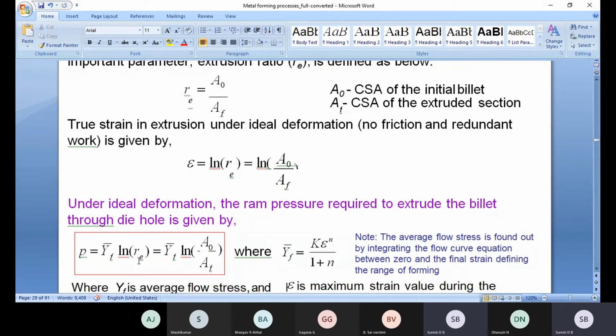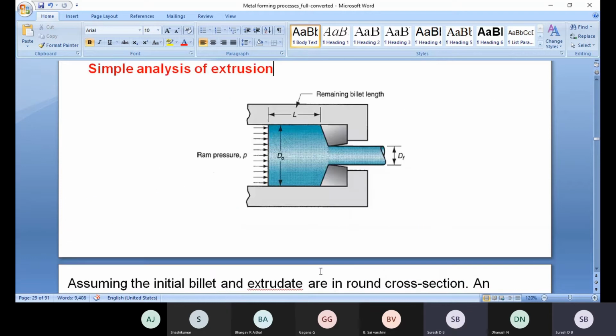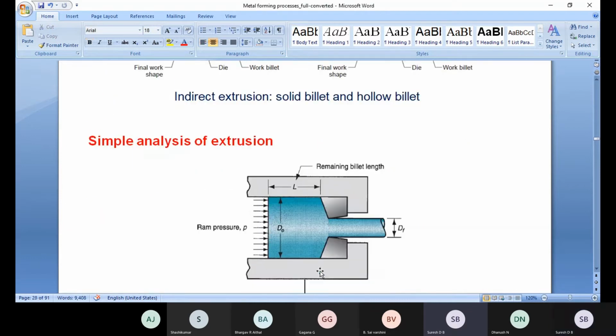R suffix e is nothing but the extrusion ratio. Now Y bar suffix f is nothing but K into epsilon to the n divided by 1 plus n. Here Y bar suffix f is the average flow stress. See here in this diagram, the force is equally distributed top to bottom.